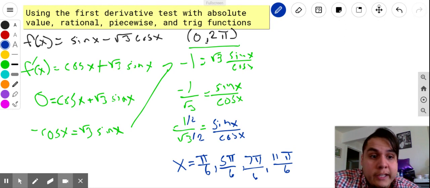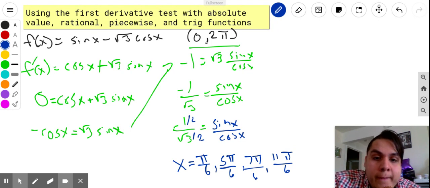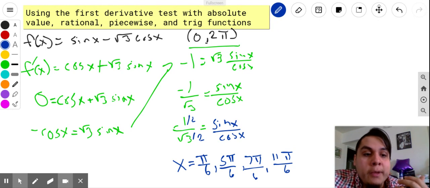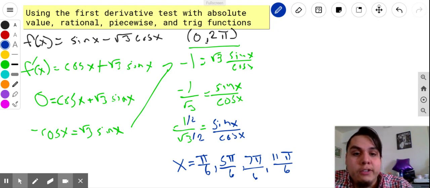And if you already have your tangents memorized, rationalize the green stuff and figure out what that would be. However, since I have this right here, I'm going to go ahead and now think about it as tangent. So I want a negative 1 over radical 3 to equal a tangent value.